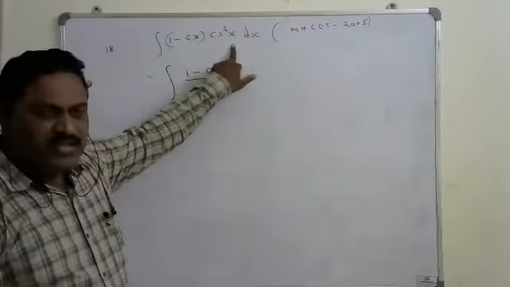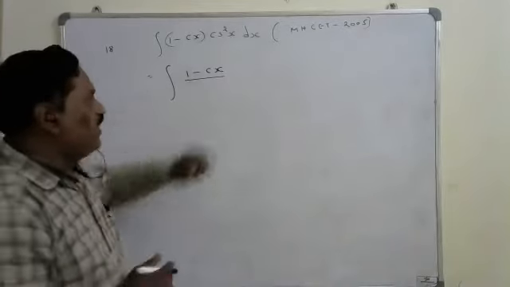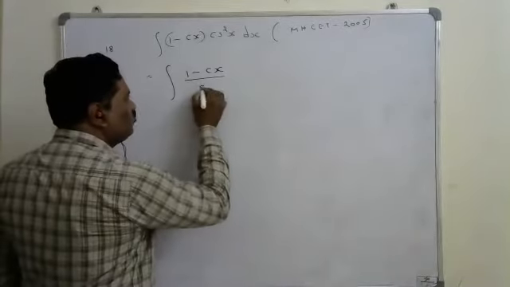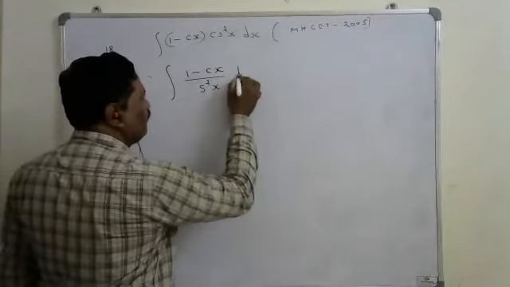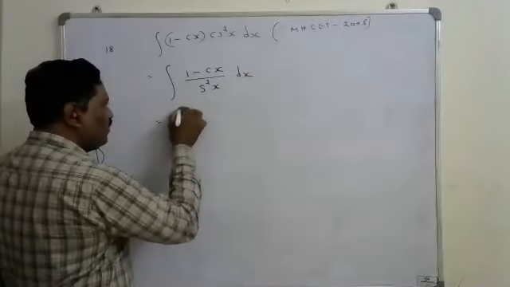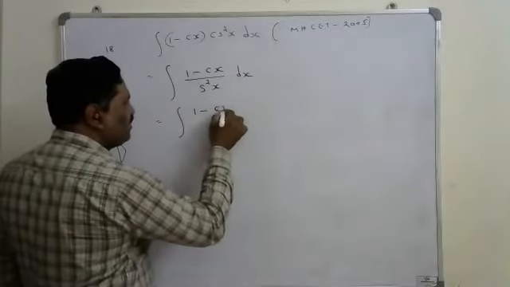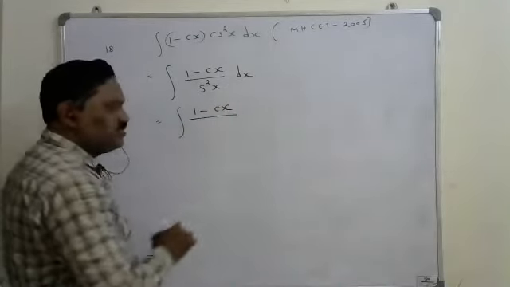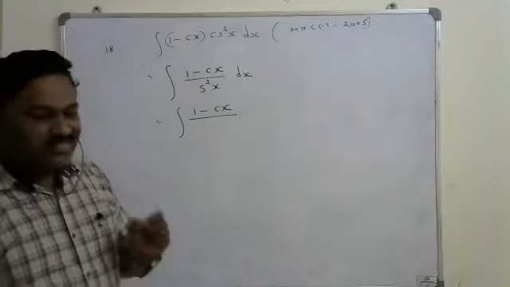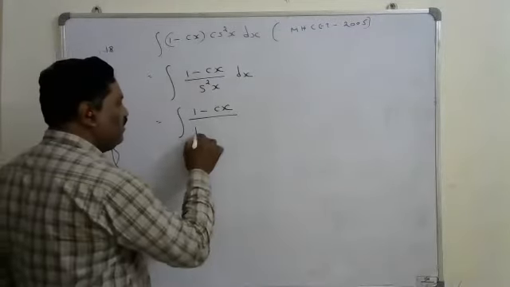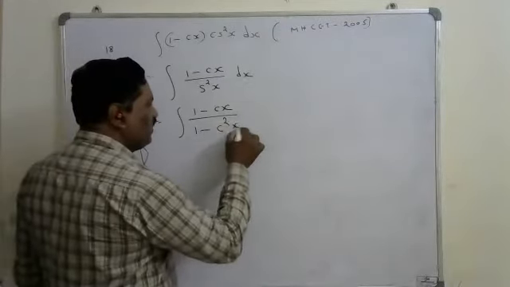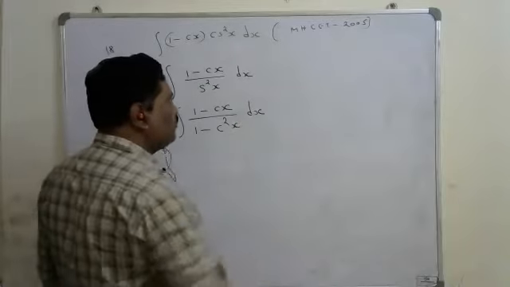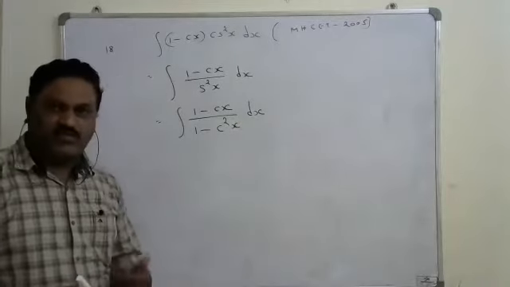Cosecant square x we will write as 1 upon sine square x, so that sine square x comes to the denominator. Now, in this integral 1 minus cos x upon sine square x in the denominator, that sine square x we can write as 1 minus cos square x dx.